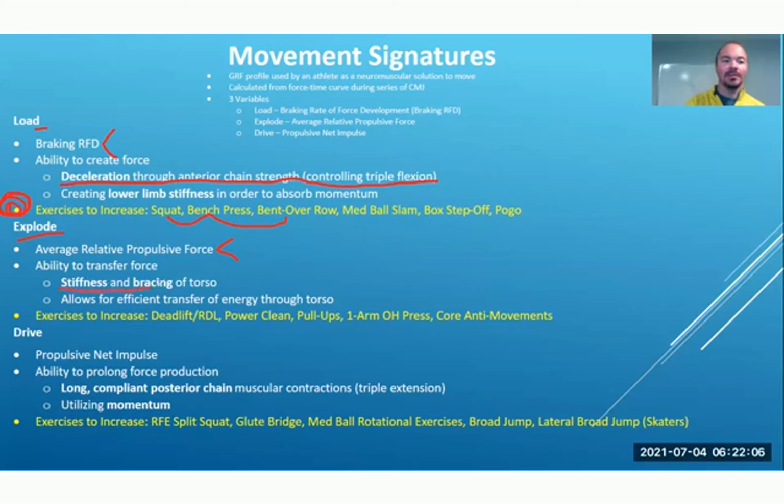It's sort of about the stiffness and bracing of the torso. Think of this explode factor as when you're absorbing force and changing direction at the bottom of your squat. So it's bridging the gap between dropping into a squat and driving out of it.